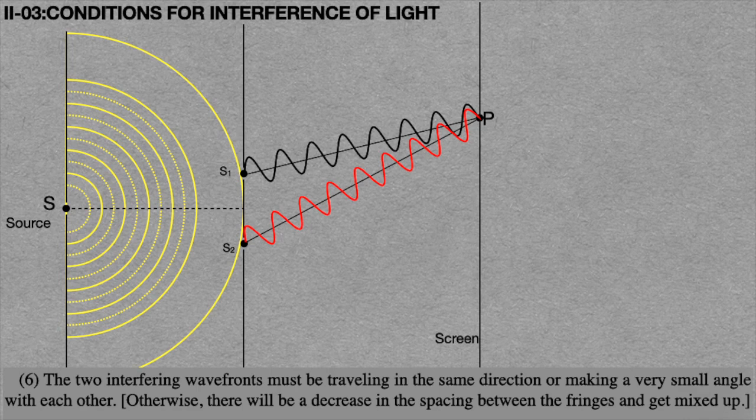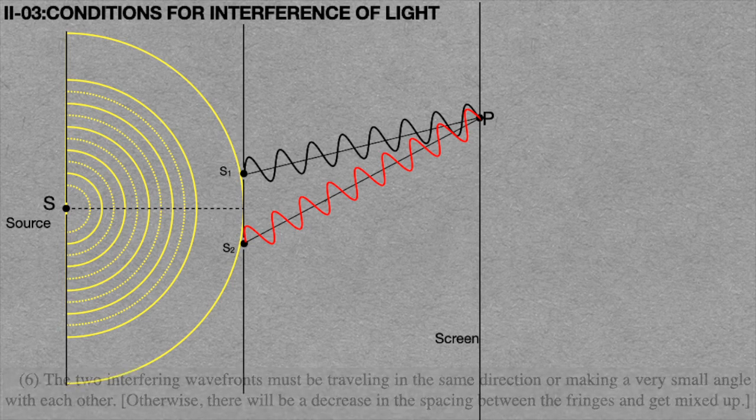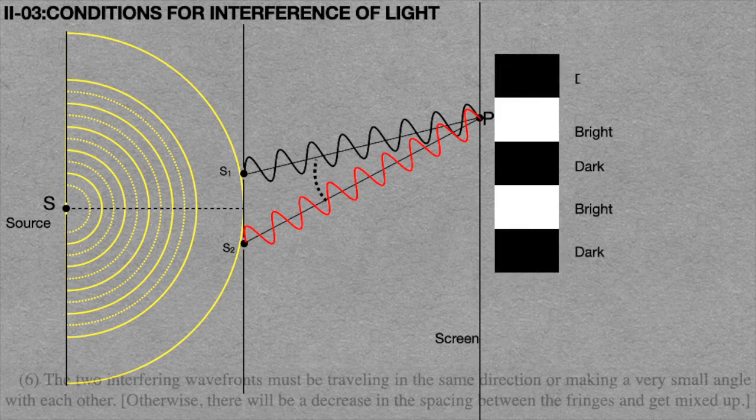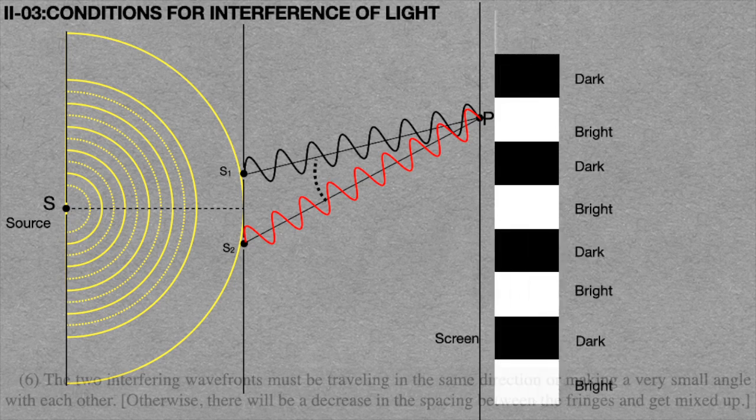Otherwise, there will be a decrease in spacing between the fringes and they get mixed up. This animation clearly gives the picture of two waves propagating with a small angle. Then only a stable interference pattern is formed.